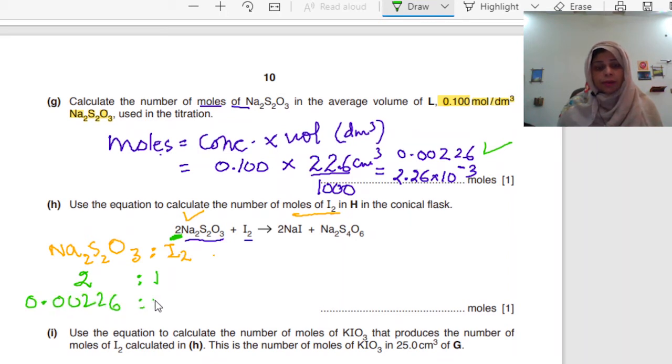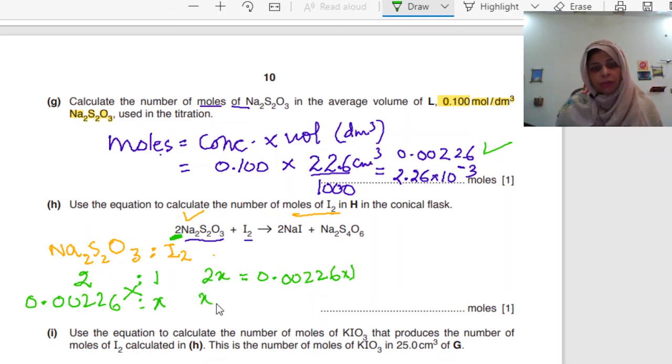With the ratio method, 2 multiplied by x, so 2x, is equal to 0.00226 multiplied by 1.